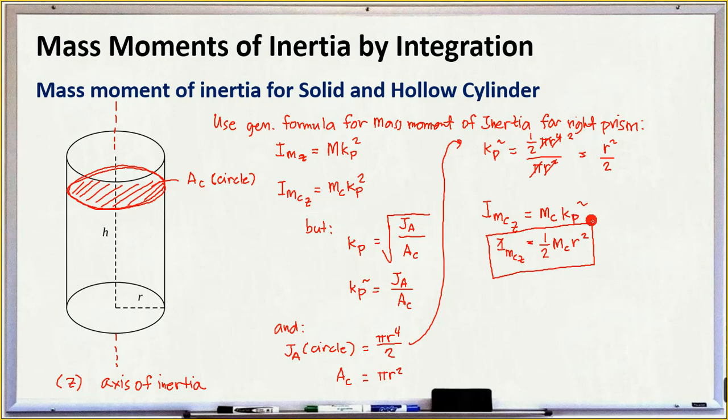And what would be the mass of the cylinder? Again, the mass of the cylinder is just the density of the material that comprises this cylinder times the cross-sectional area times the height. Or if we expand this, the cross-sectional area is again pi r squared times the height.